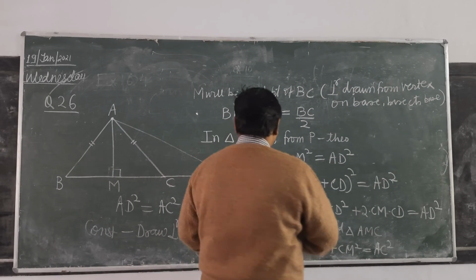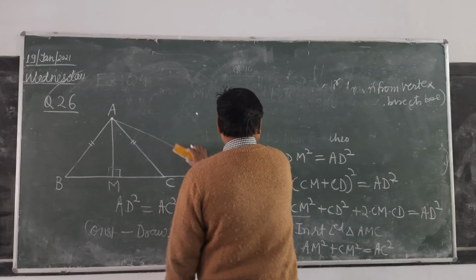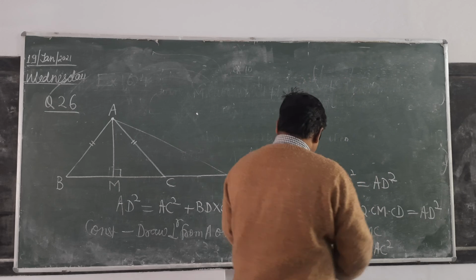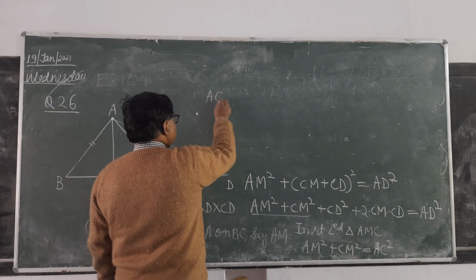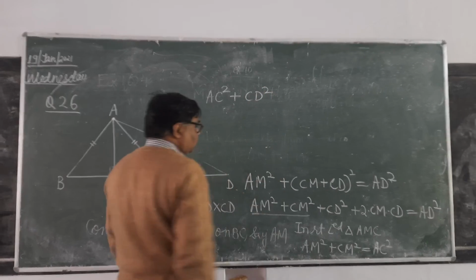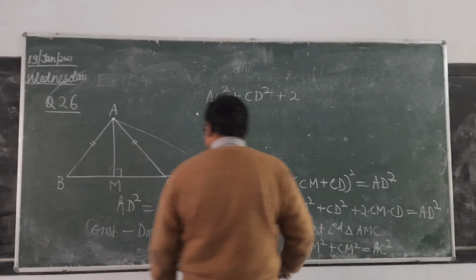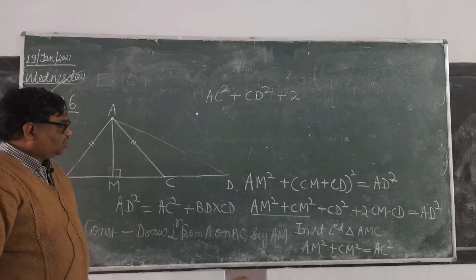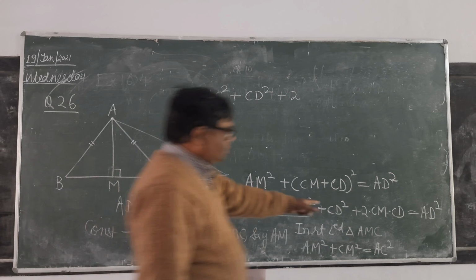So see here. AC square plus CD square plus 2 into CM into CD.